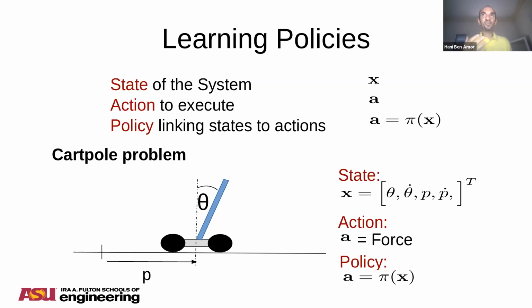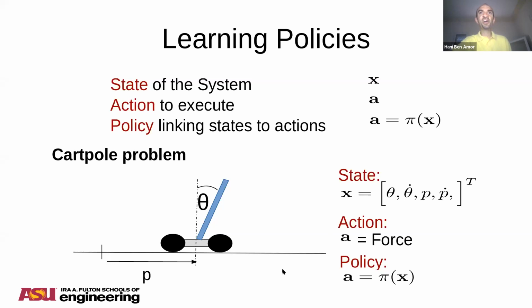Now, in order to define how to solve this problem, we need to understand what the elements of it are. One of the things that we need to stabilize the pole is the state of the system, here denoted by X. The state of the system basically just tells us what the current state of the system or the world is.